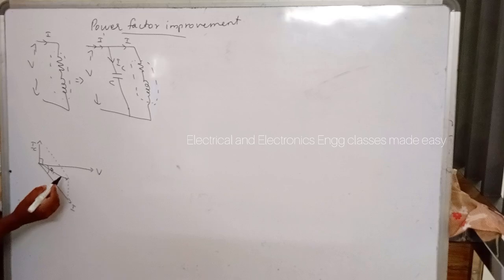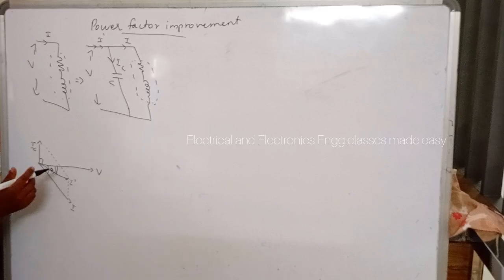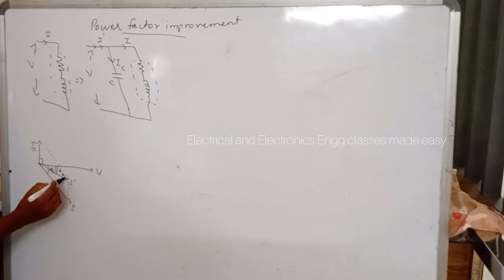So this is the new current I dash, and this is the new phase angle. Let it be phi 2. So this is I dash and this is phi 2.